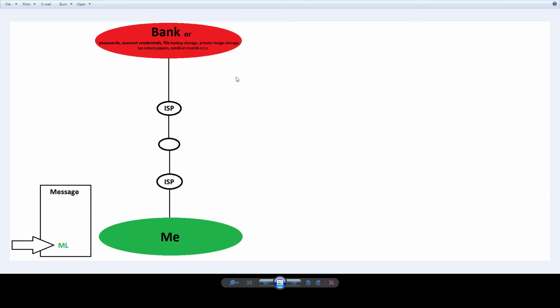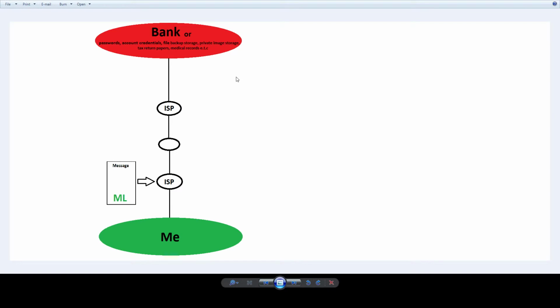So I encrypt my message with my own lock. Let's name it ML, which stands for my lock. The message is now locked, in other words encrypted. I will go ahead and send the message now. It passes through my network or Starbucks or wherever I am. It then reaches the internet service provider.